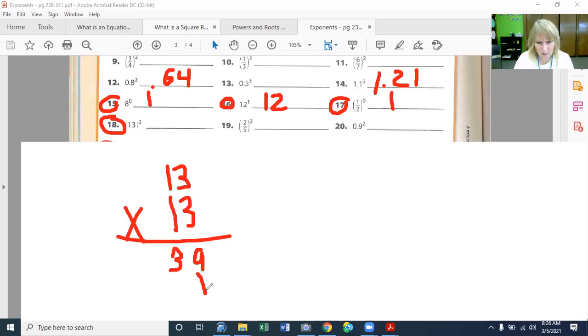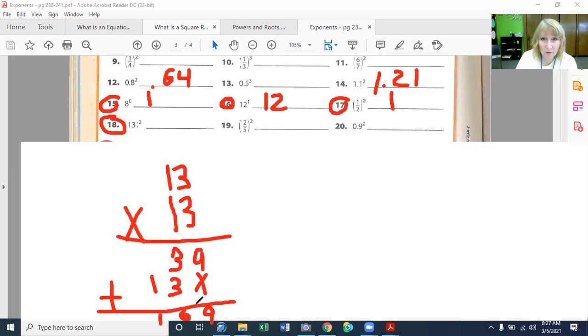Put my X. Start with this. 1 times 3 is 3. 1 times 1 is 1. Add up my partial products. Running out of room on the bottom. I get a 9. I get 3 plus 3. Be careful, this is adding now. 3 plus 3, 6, right? And then 1. Sometimes you get in the mode of multiplying, but then when you have to add, you're like, oh, I'm multiplying instead of adding. So it's 169.